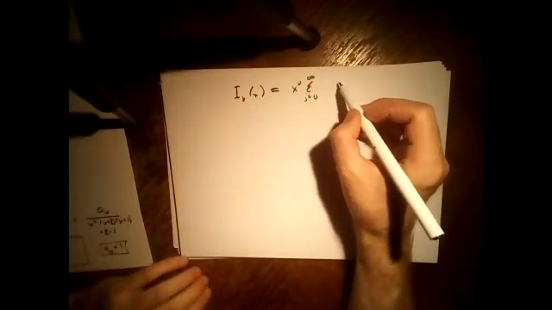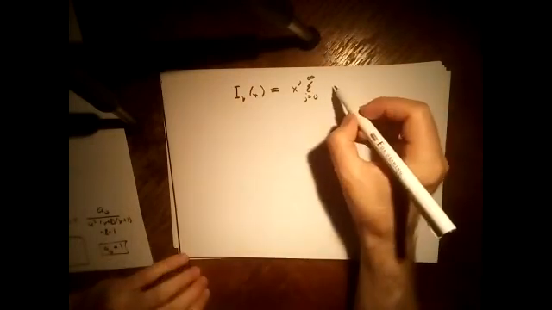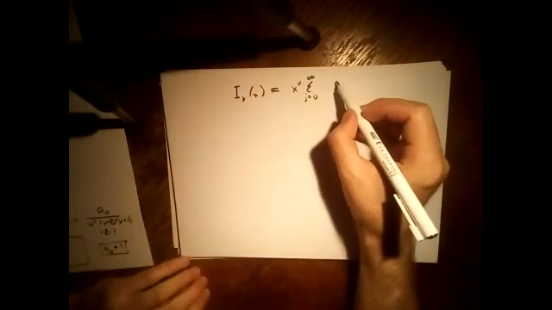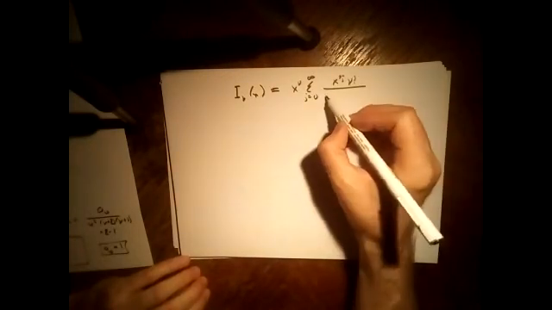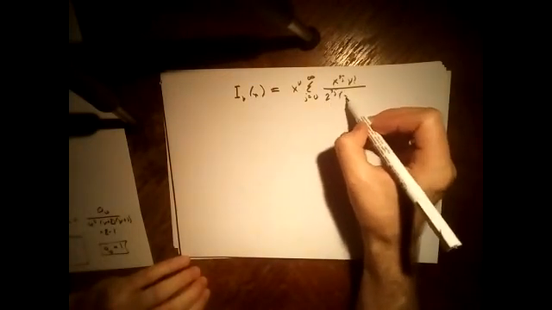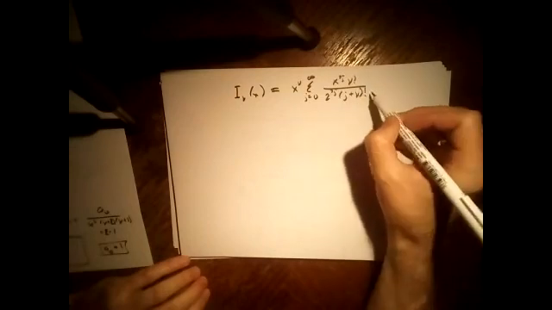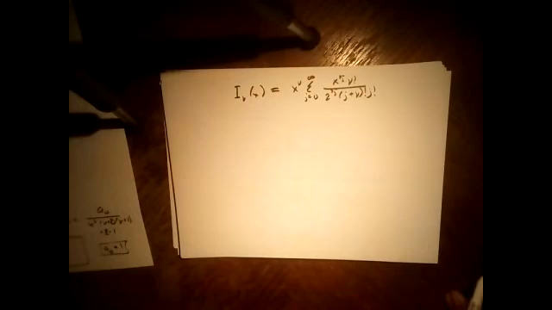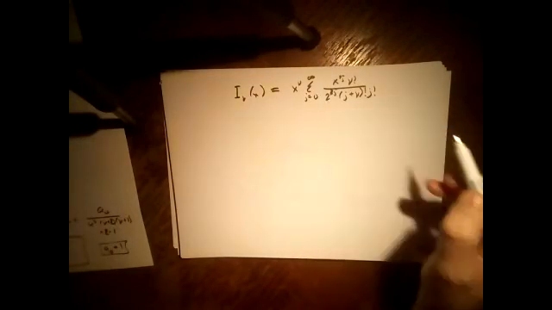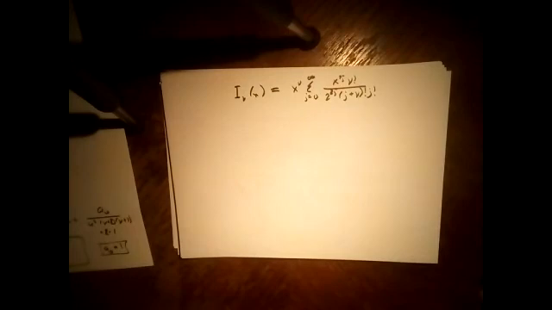If I take a0 to be 1, what this ends up being is x to the 2j times nu factorial, divided by 2 to the 2j, (j plus nu) factorial, j factorial. Okay?